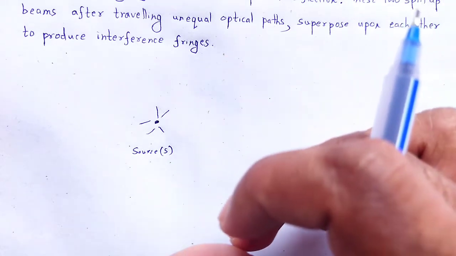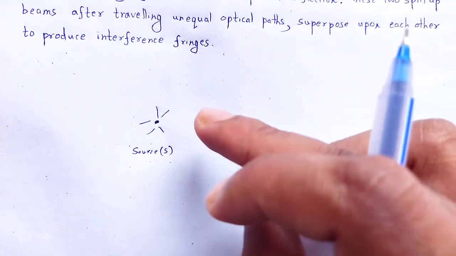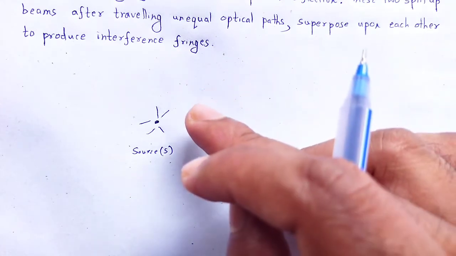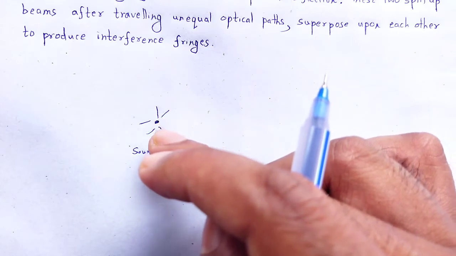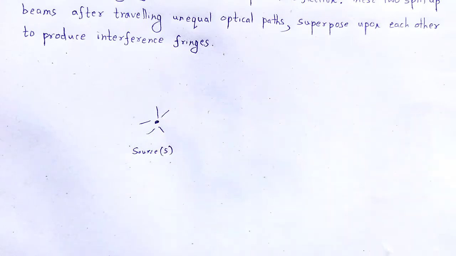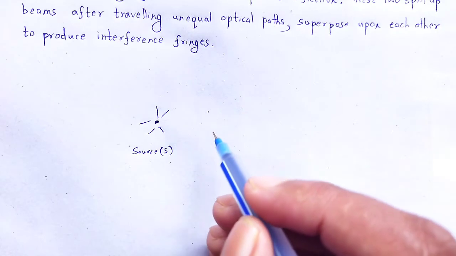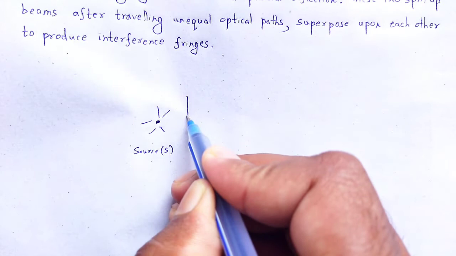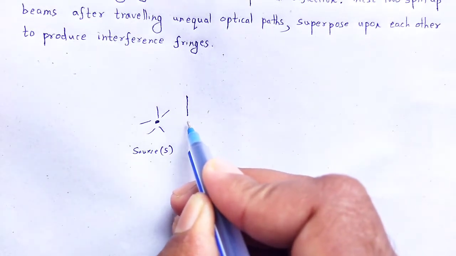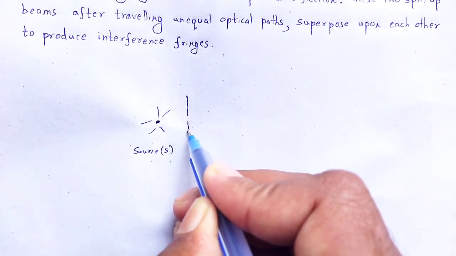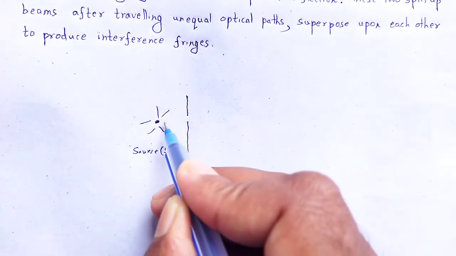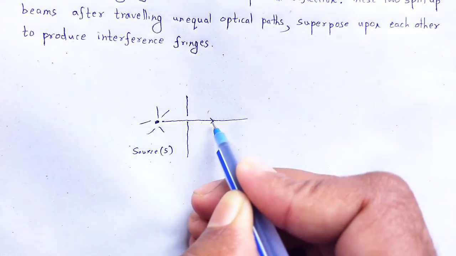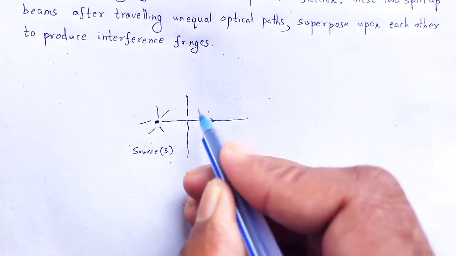In the laboratory, when we perform the experiment for a monochromatic source of light, we use sodium light, and for white light we use mercury light. Use a slit here. A ray of light passes through that slit.